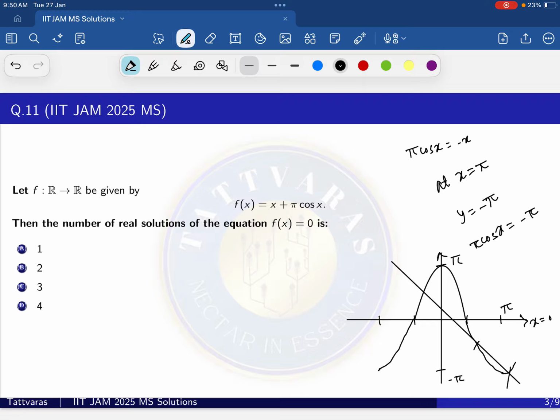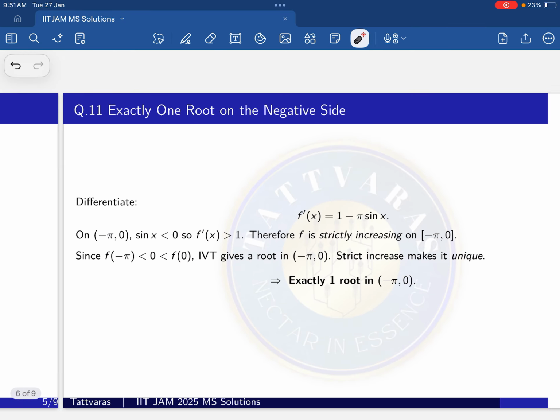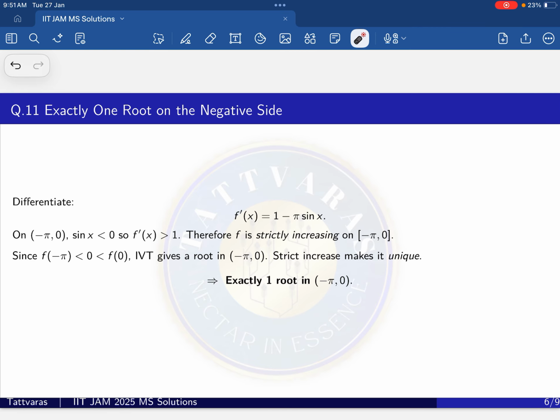So both are -pi. That from the graph already suggests that there must be another root lying between 0 and pi. Just to be double sure, we will do some more checks and then we will conclude.